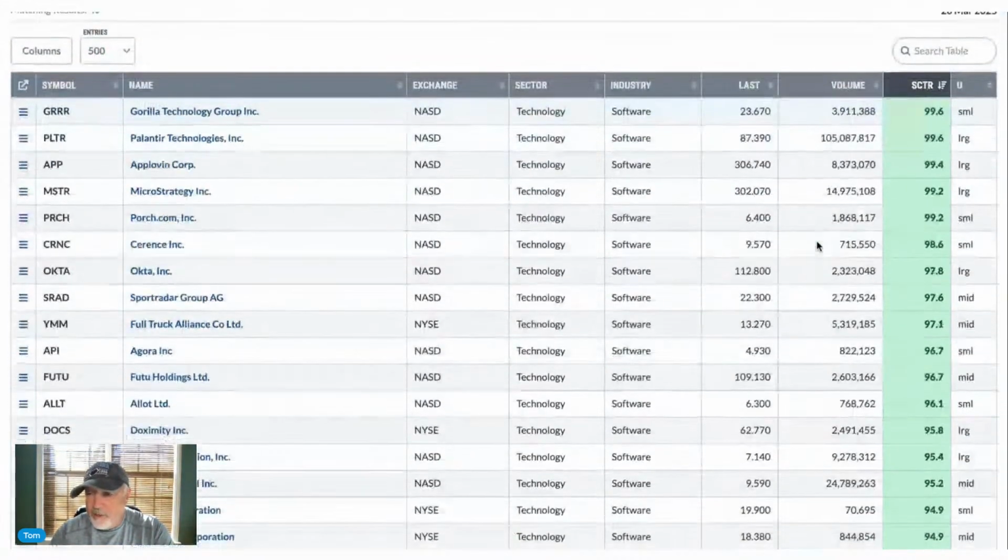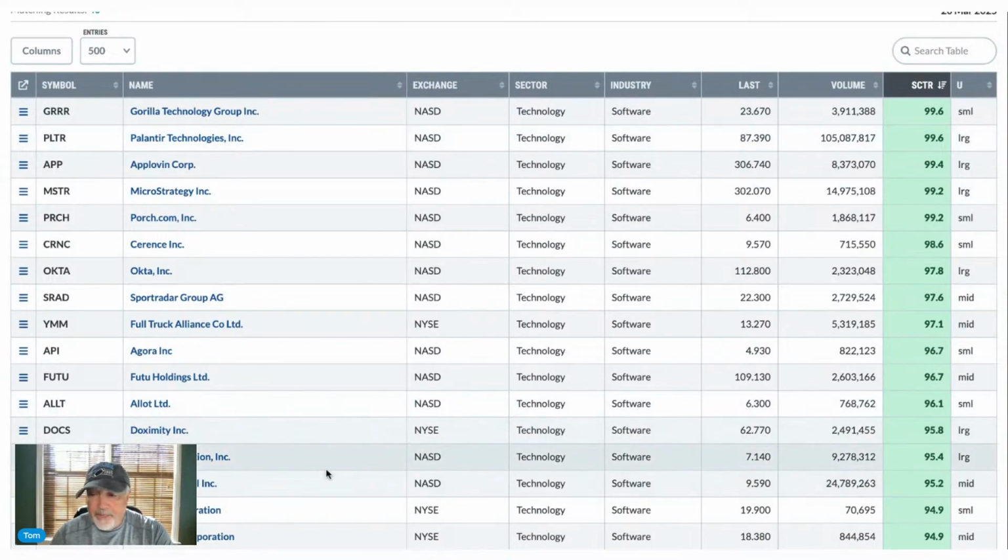Or I can just look at it and say, okay, let me look at all these stocks that are maybe over 95 on the Scooter. And this is going to be a pretty good list of software stocks. That doesn't mean that they're all going up right now. Again, it's based on a formula, and it's based on an asset class.